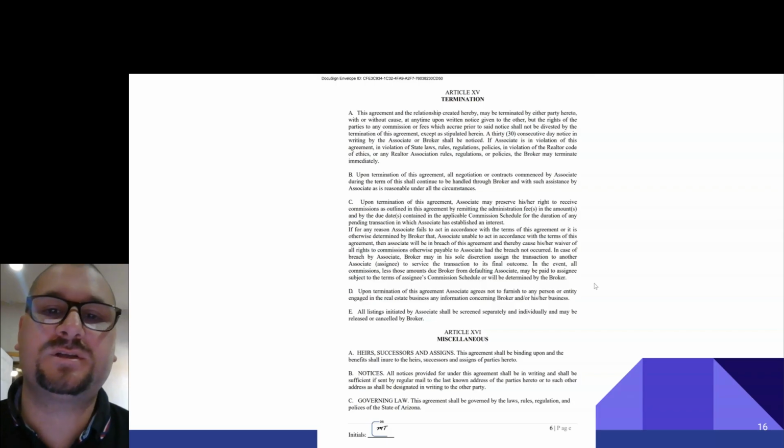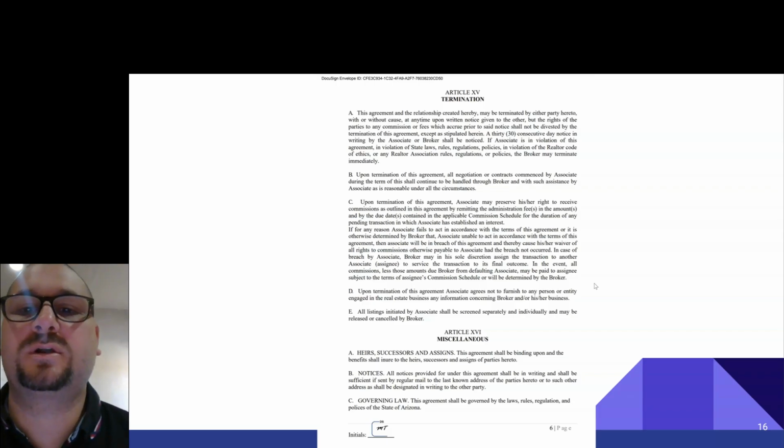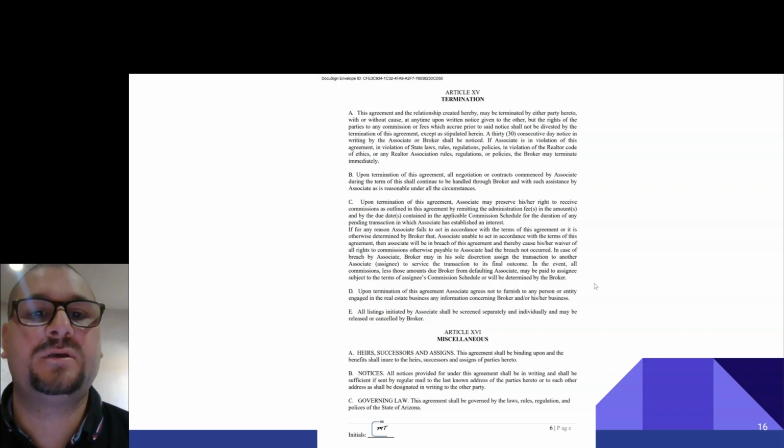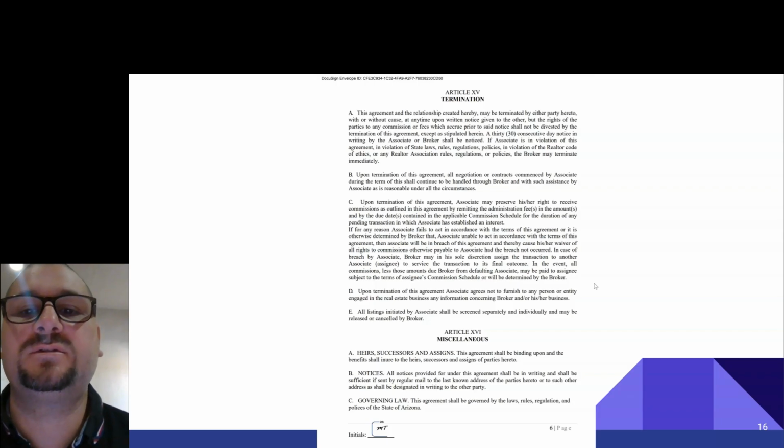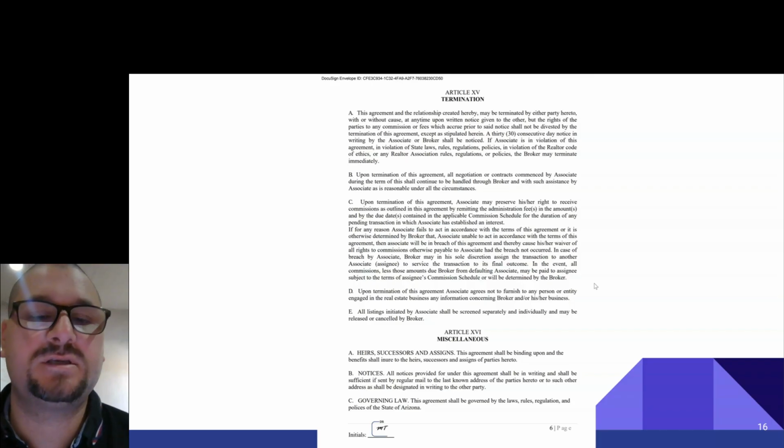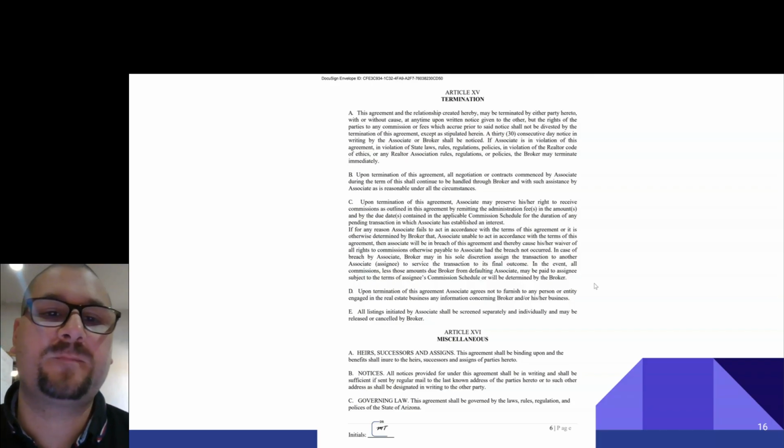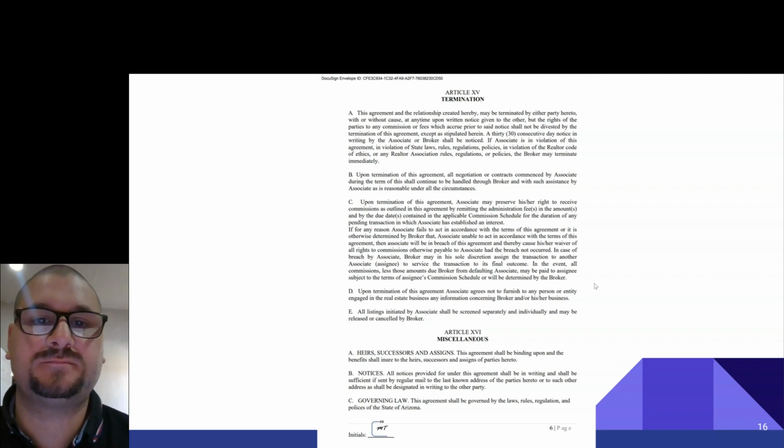Upon termination of this agreement, all negotiations or contracts commenced by associate during the term of this agreement shall continue to be handled through broker, with such assistance by associate as is reasonable under all the circumstances.